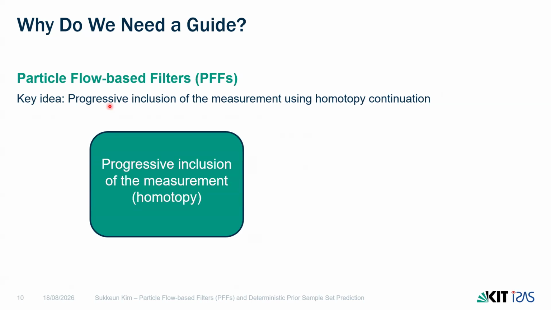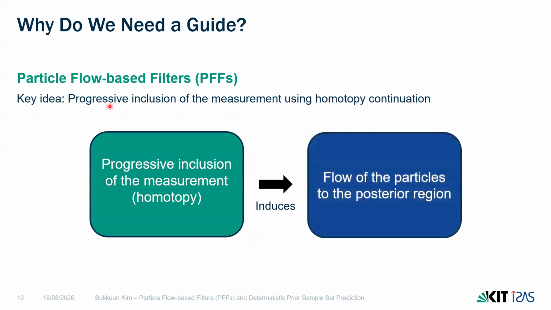I don't really have a clear idea of the definition of homotopy in the mathematical way, but the homotopy here is that we start from the prior, and the final point we want to reach is the posterior. So we can make multiple ways to go from the prior to the posterior. That's the homotopy concept here. This homotopy, or progressive inclusion of the measurement, will induce a flow of the particles to the posterior region. That's the main idea.